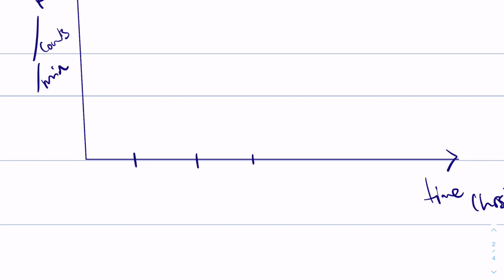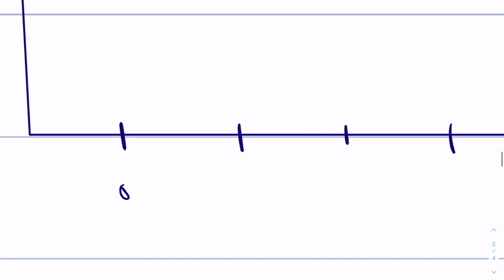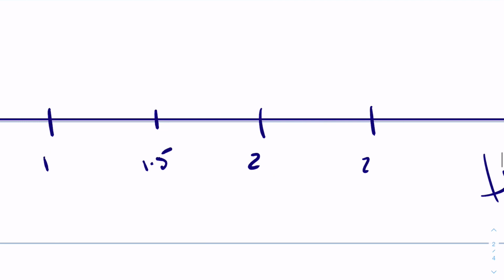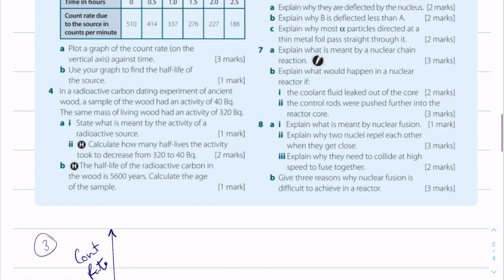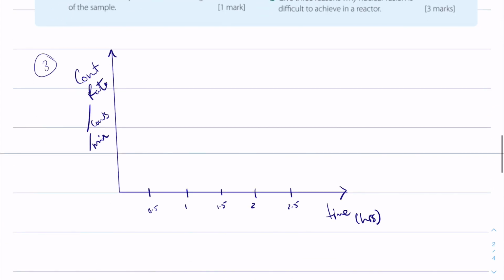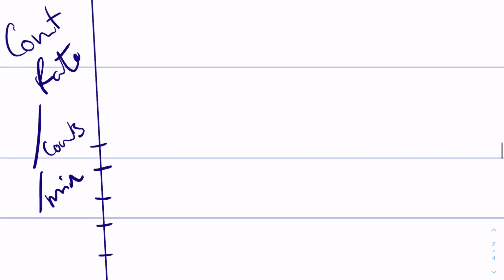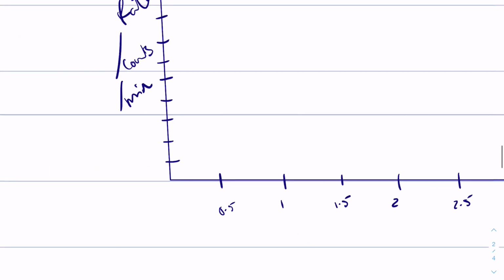Half, 1, 1.5, 2, 2.5. Fine. And then 150 roughly to 500. So we could go 150, 200, 250, 300, 350, 400, 450, 500, 550.